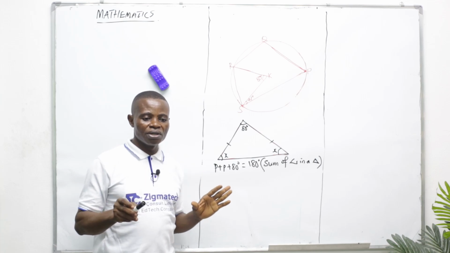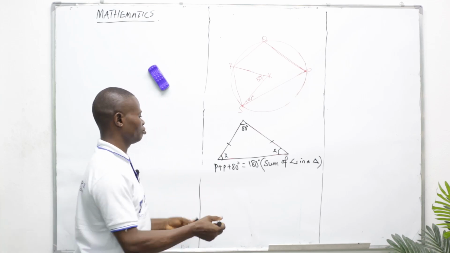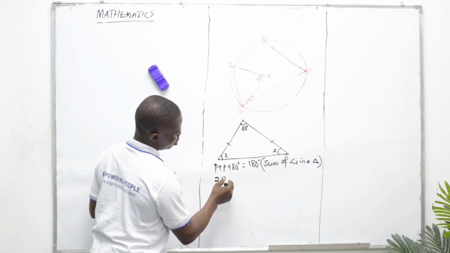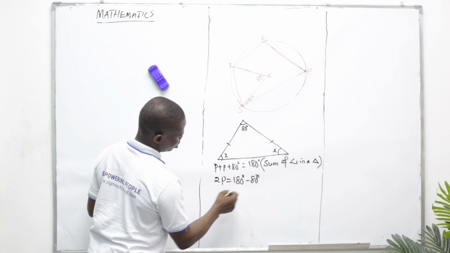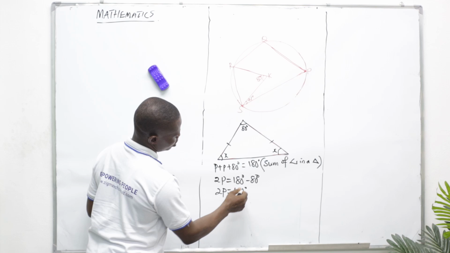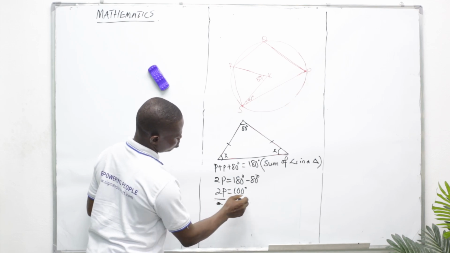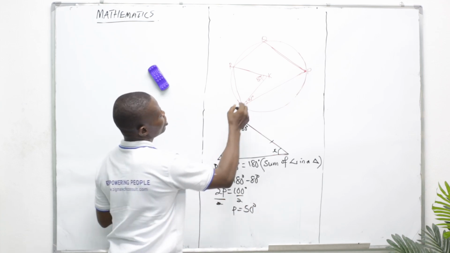That's the only reason you can say this. So, this is 2p equals 180 minus 80 degrees. So 2p equals what? 100 degrees. Divide through by 2. p is what? 50 degrees.